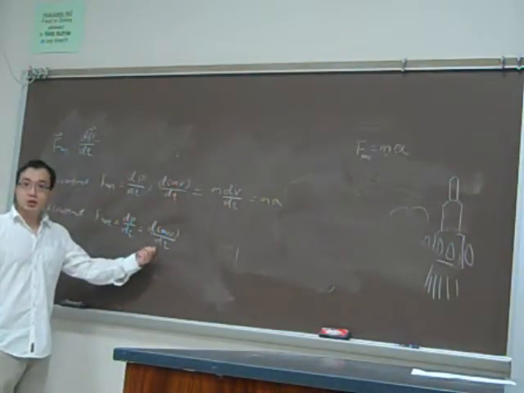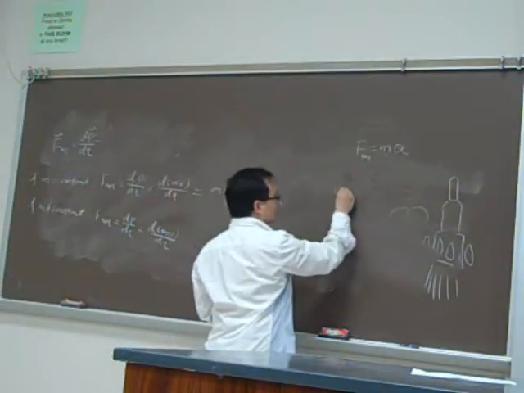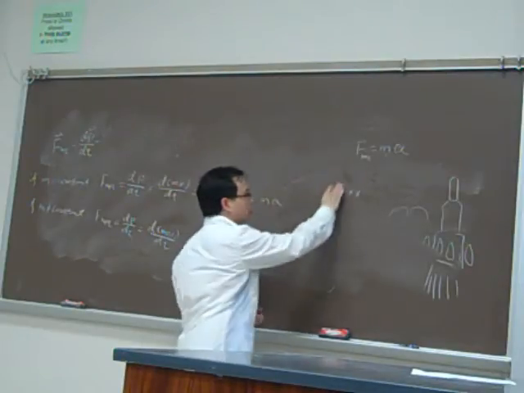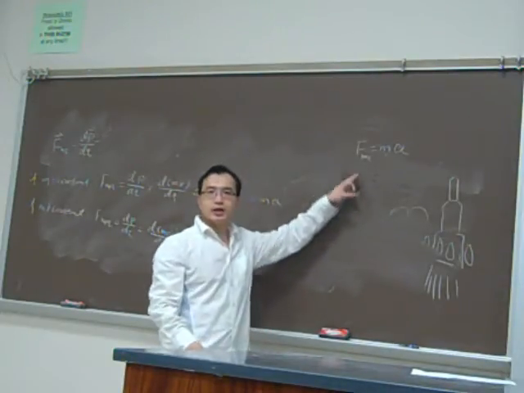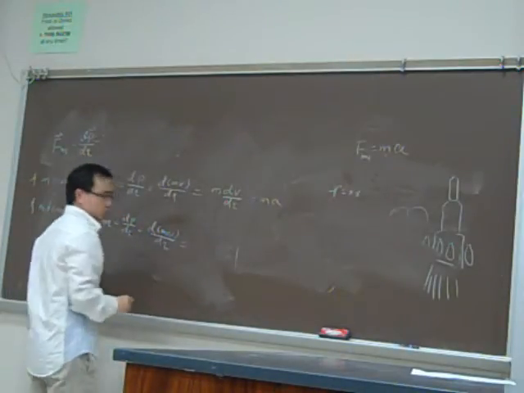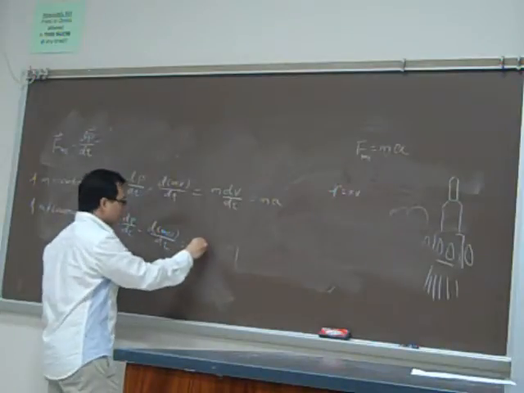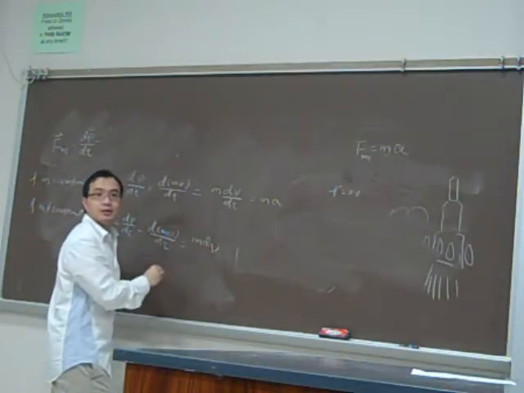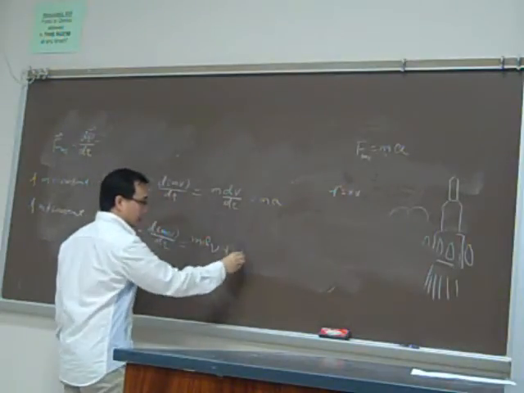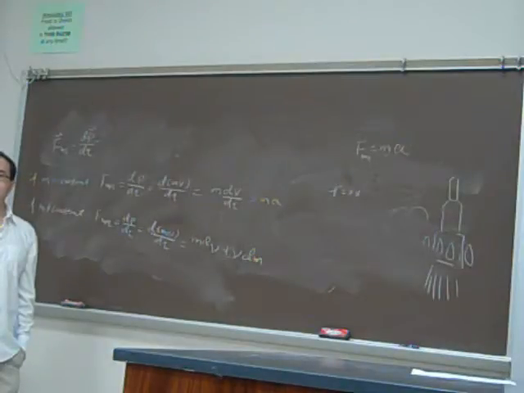So we know how to do the derivative for this, right? If you have some function f of x and y, if you want to take the derivative, we have the rule: you keep one of them, take the derivative of the other one, and then you keep the other one, take the derivative of the first one.